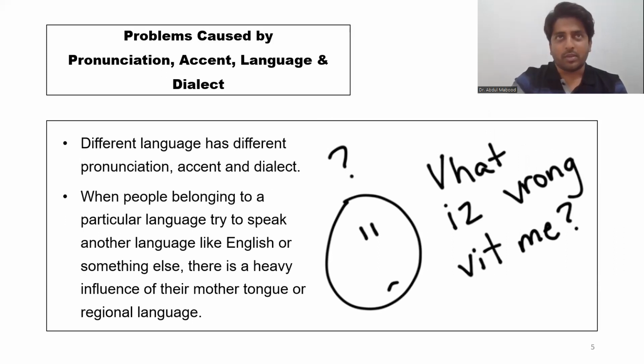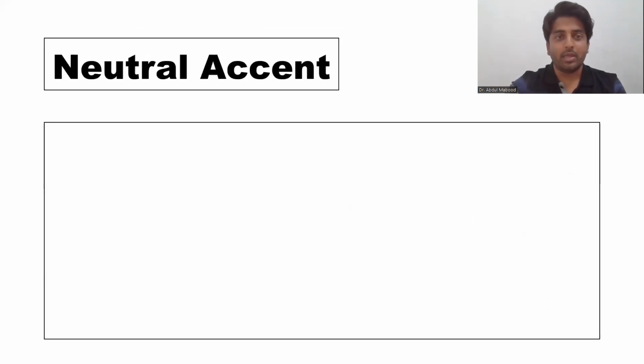You must have noticed that if I talk about India, someone who is from Kashmir, and if she or he speaks English, it would seem a bit different to people who are from Tamil or Punjab or from Bengal, and vice versa. Right? And then here comes the concept of neutral accent.